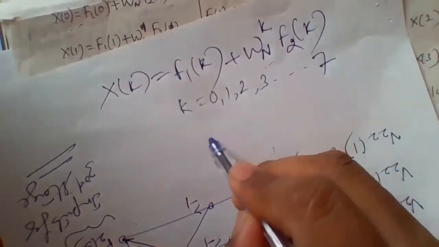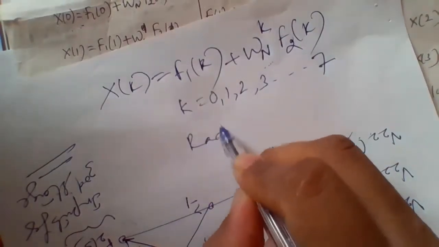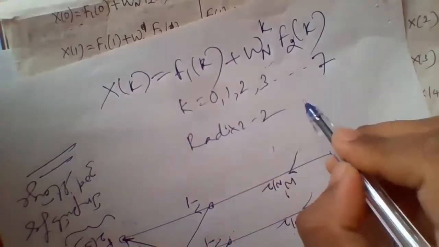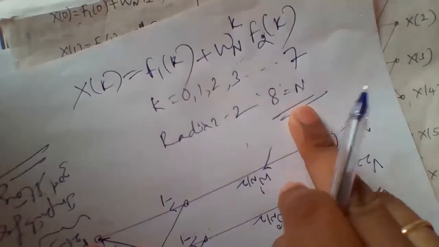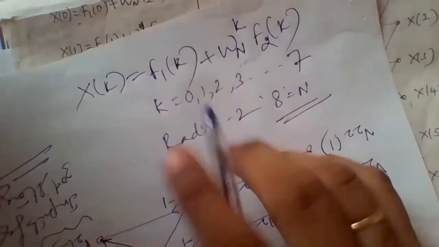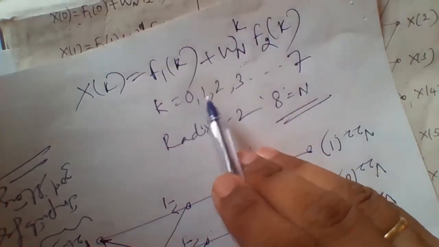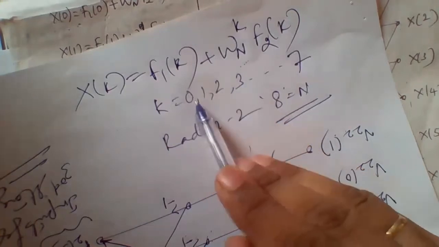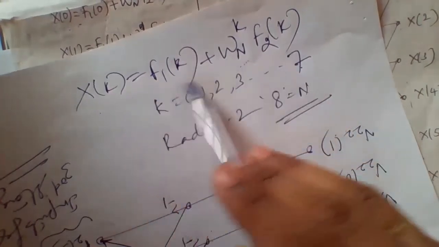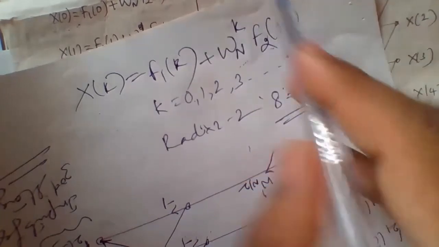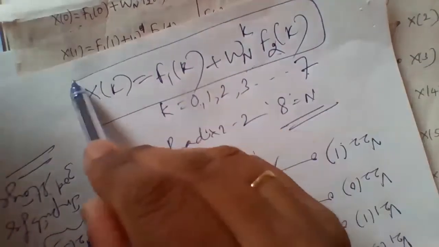Because here we are doing the radix 2 algorithm for n equal to 8, that's why k will be ranging from 0 to 7. So totally we are computing 8 DFT samples, and this will be our basic equation.